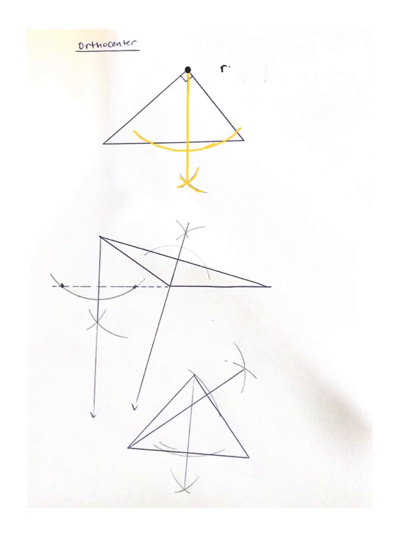So the orthocenter in a right triangle is at the vertex of the right angle.